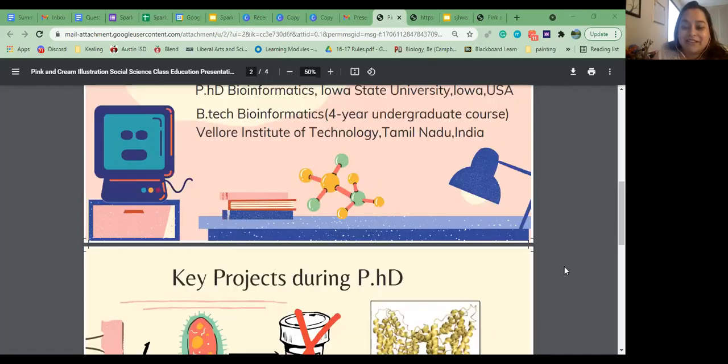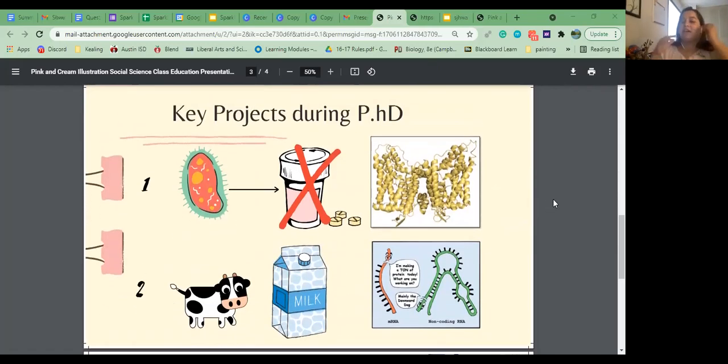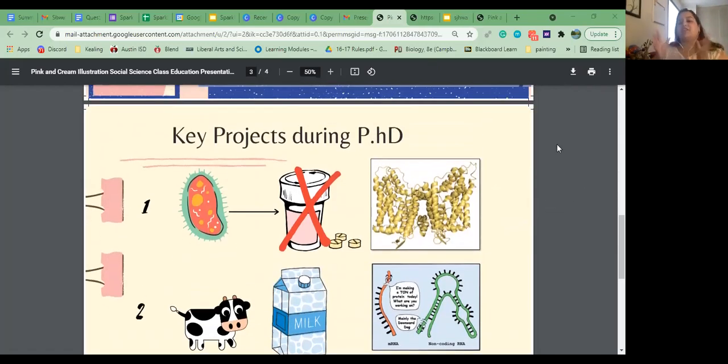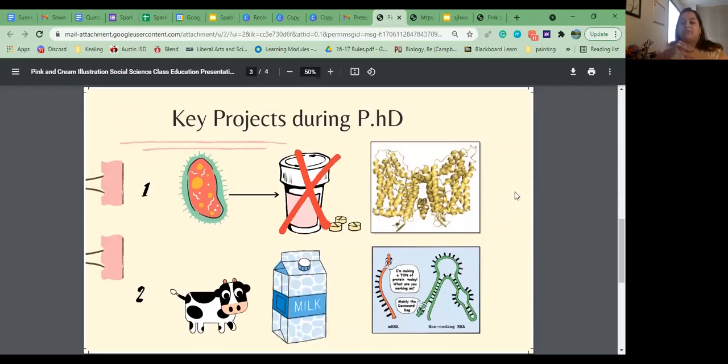During my PhD, I worked on a variety of different projects. I have been very successful in that we could do a lot of collaborative projects with different experimental biologists. Here I have shown 2 key projects from my thesis. First, there are some bacteria which are able to confer antibiotic resistance.